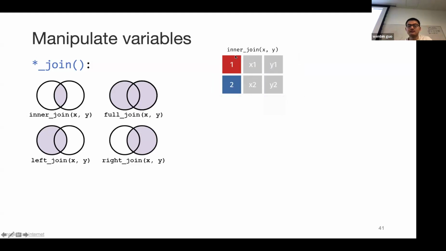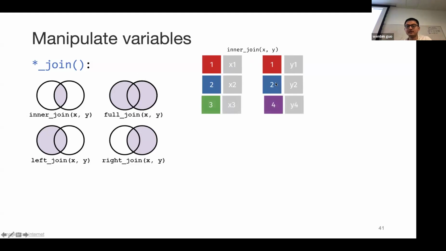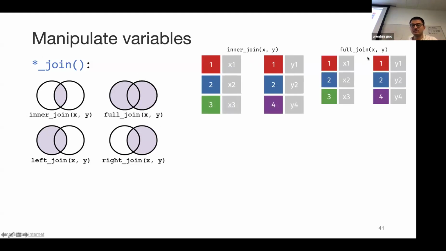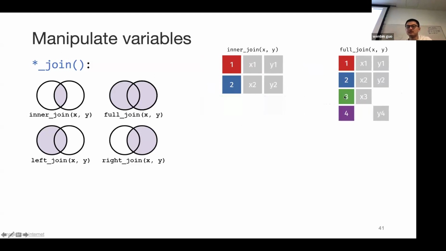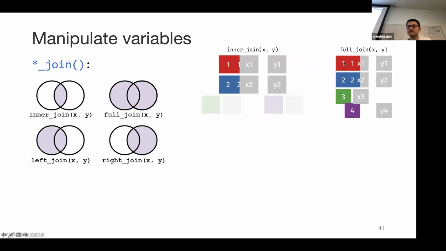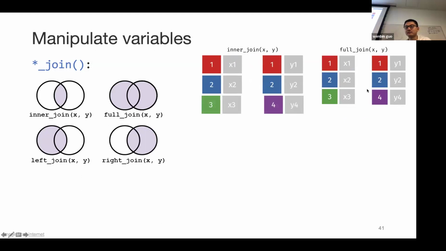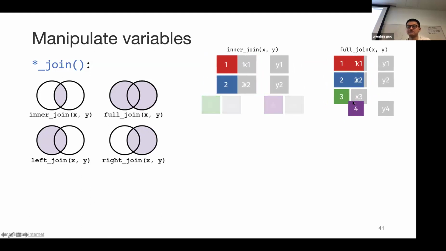You will see that the output only has the overlapped observations. And the full join considers all of the observations. It will not exclude any samples, and the missing values usually will be filled in with NA.